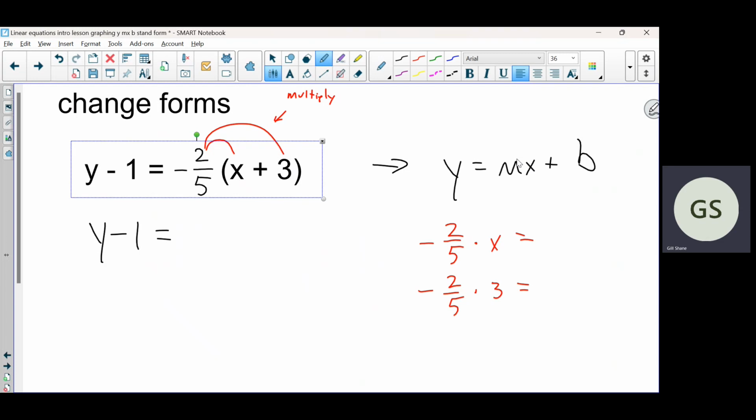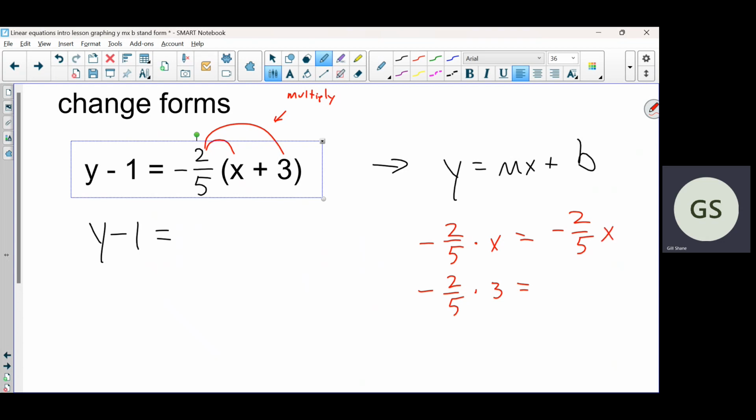When you multiply two numbers, well, a number and a variable, we're not really doing any math. Like I told you, you can never combine a number and a variable, and sometimes kids think, well, yeah, we do. We just took those two and combined them into negative 2/5 x.